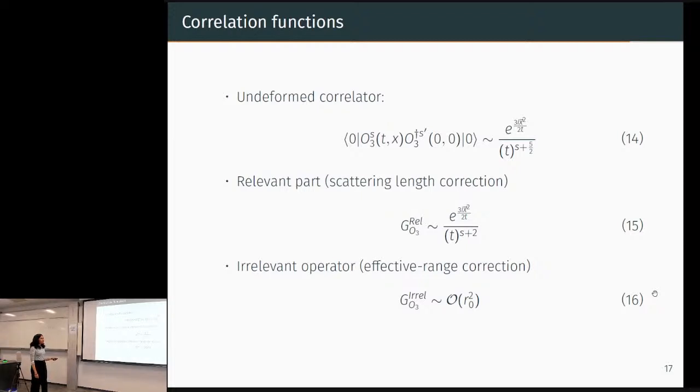The undeformed correlator would have been predicted by the form that we had, and we see that it depends on these values of S. Then we can calculate the contribution to the relevant part, which is the A correction, and also the contribution to the irrelevant operator. What we are essentially calculating are 4-point functions of this form. When we calculate the irrelevant operator, it has a divergent piece, which just means that O3 gets renormalized.